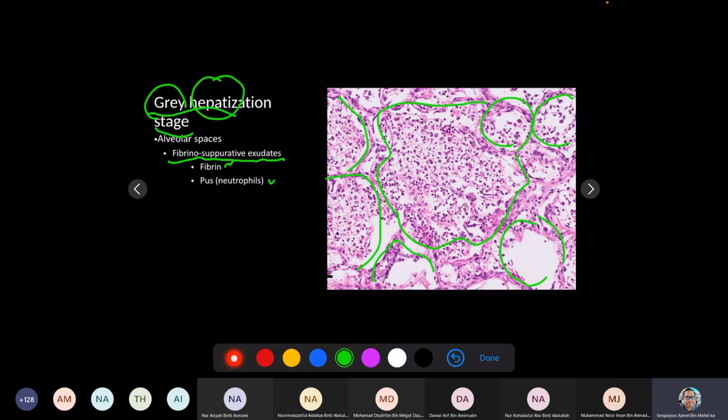You can see a strand of fiber right here. These are the fibrin that we can see under the microscope. And a mixture of neutrophils with some necrotic debris. All of these are treated as pus or neutrophils. So that is why the name implies fibrinosuppurative exudate within the alveolar spaces.